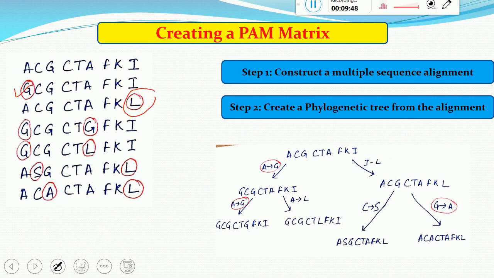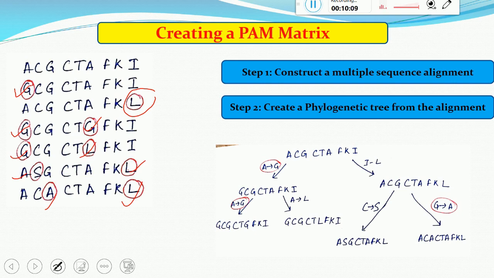From I to L, and from this sequence there are two mutations, G and again A to G. In this case again we have two mutations, and in this case also two mutations, and in this case also two mutations. Creating a phylogenetic tree from these sequences is pretty simple.